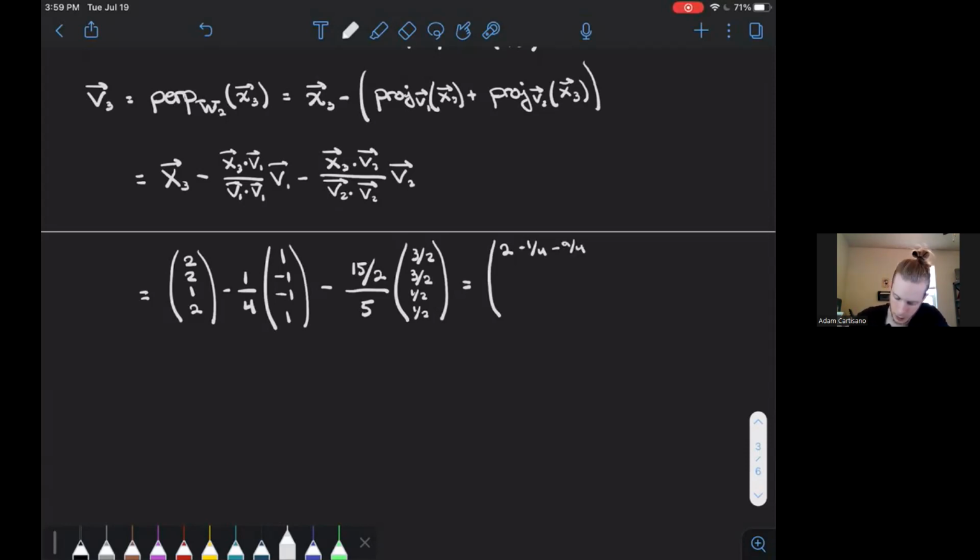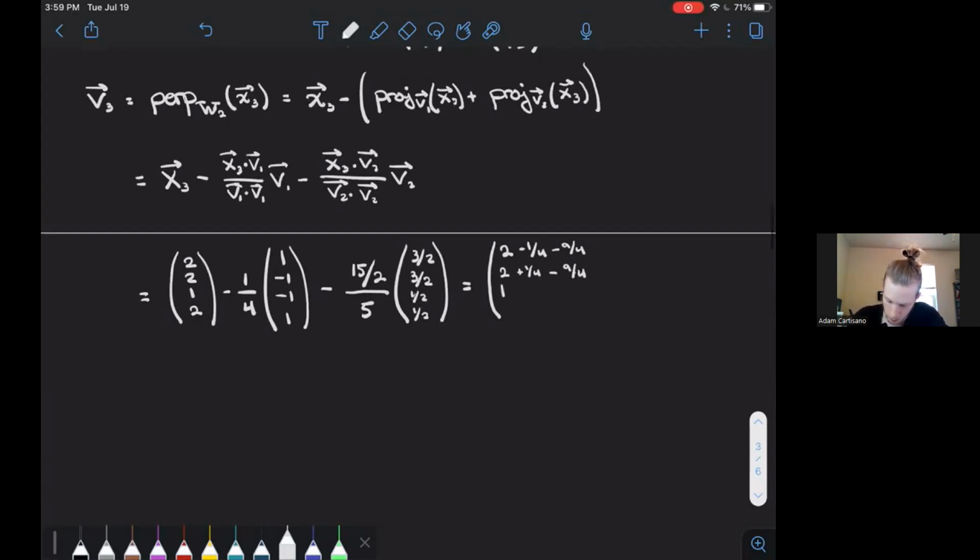And then the next one will be 2 plus 1 fourth minus 9 fourths. Then the next one will be 1 plus 1 fourth minus 3 fourths. Just making sure. And then the last one will be 2 minus 1/4 minus 3/4.